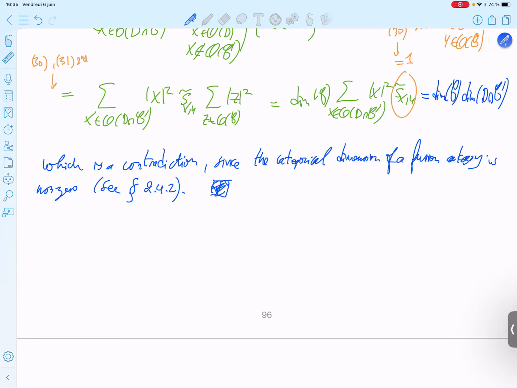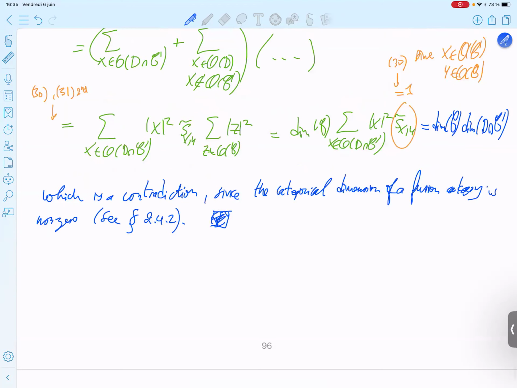We know that if there is the same component, the column is the same. If there are different components, it's orthogonal. So it follows that the number of components is exactly the rank of the matrix.